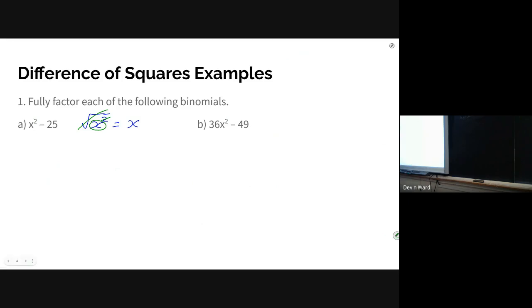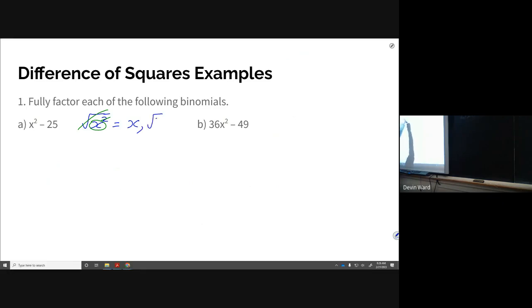So the square root of x squared, or y squared, or any variable squared, is always just the variable by itself. Then I want the square root of 25. What's the square root of 25 again? 5. Perfect. So we have a whole number here. X by itself we consider like a whole number.